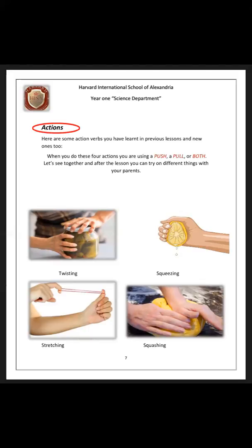When you do these four actions, you're using a push, a pull, or both. Do you know what's the meaning of push and pull? Anyone? Okay, I want you all to stand up now. Come on, stand up.